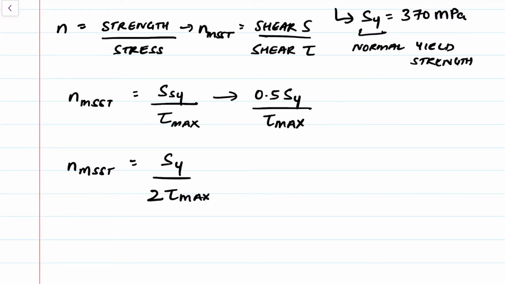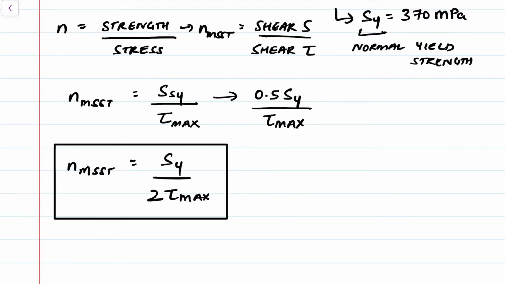And this is the equation you need to remember for the maximum shear stress theory. This is not in your textbook. So in the exam or in quizzes, if you're asked something about MSST, don't go fishing in the textbook for this equation. It does not exist.